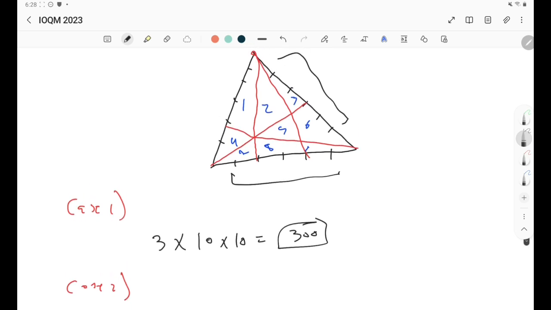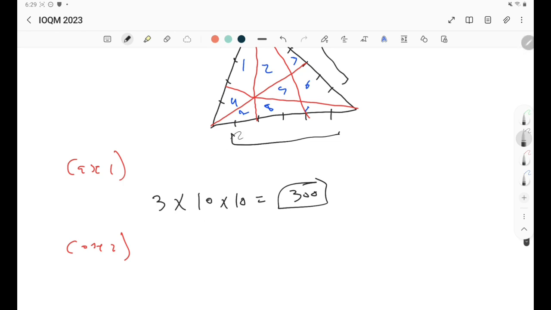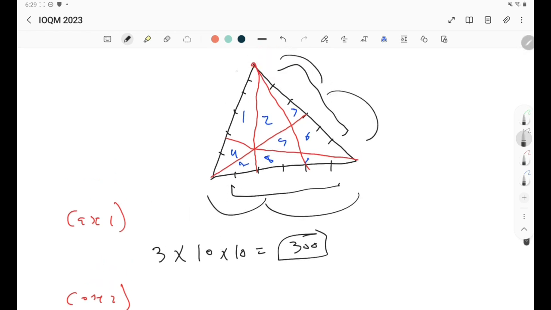Very good. In the other case, we're going to have concurrent deviants. How can we exactly have a concurrent sequence here? Well, of course, if you were talking about concurrent lines, then you should think about Ceva's theorem, right? So if we're going to have Ceva's theorem, then if we call this over this times this over this times this over this, it is going to be equal to 1. Now, if you take the possibilities here, how can we make this 1?